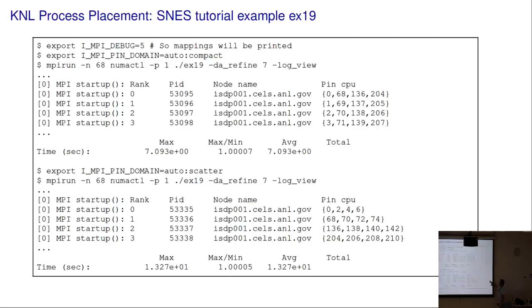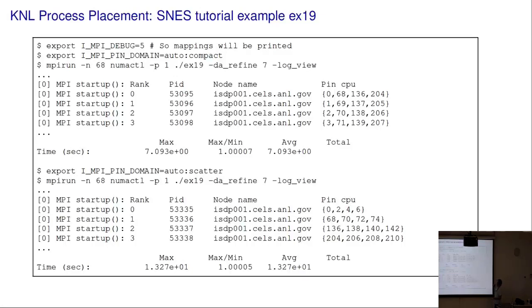So above, I'm saying that the pin domain is auto:compact, and what auto means is to automatically determine the size of each domain that I'm going to pin a process to. This is just based on how many MPI ranks I'm running and how many cores there are to divide between them. So I'm keeping that the same between these.